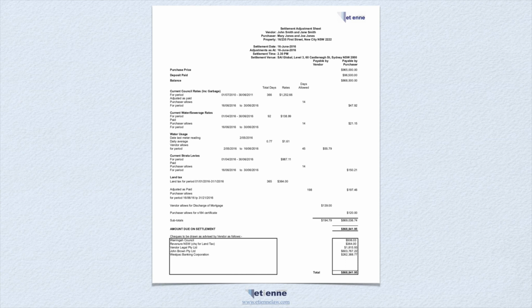You are fine. Who you pay the amount to is of no importance. So do not get concerned by unknown people receiving cheques. You are not paying people you are not required to pay. So hopefully this explains the use and the ability to read a settlement adjustment sheet.